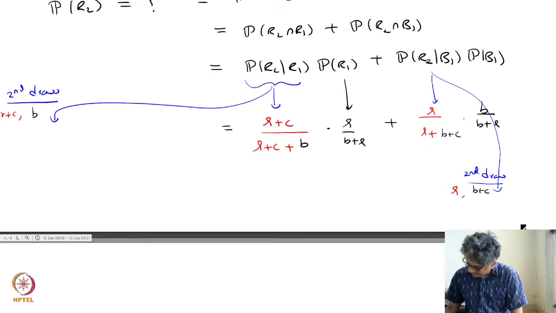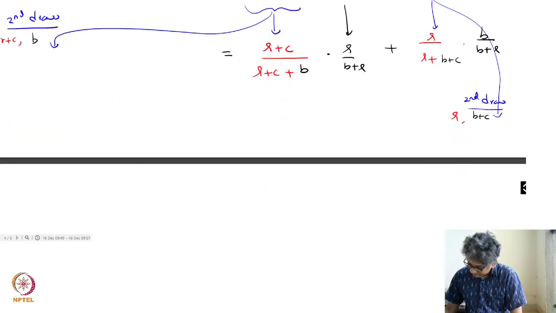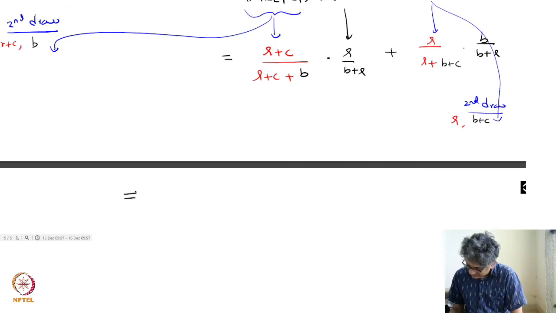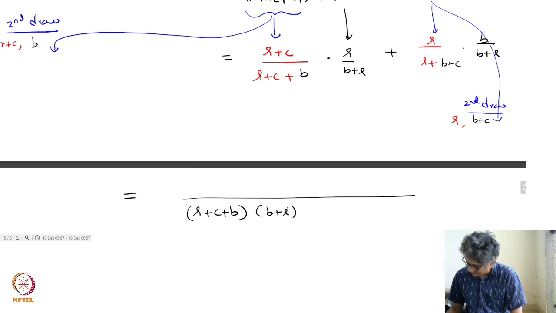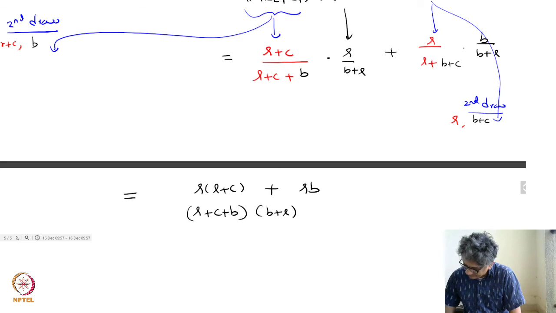So now I do the jugglery. I just write the mathematics down. The denominator is the same, so I have R plus C plus B into B plus R. That's on both sides, so that's easy. On top I have R into R plus C in the first term, plus R into B in the second term. This is what I get.